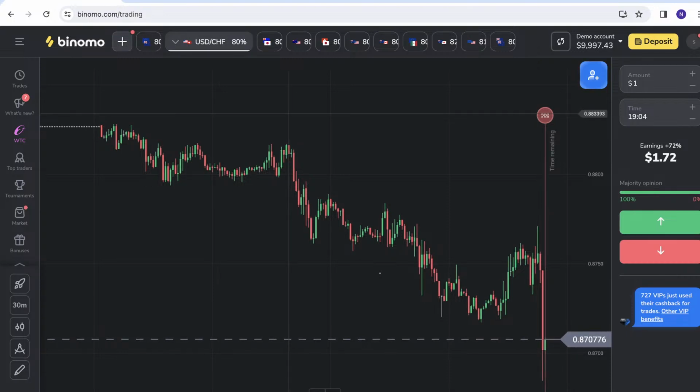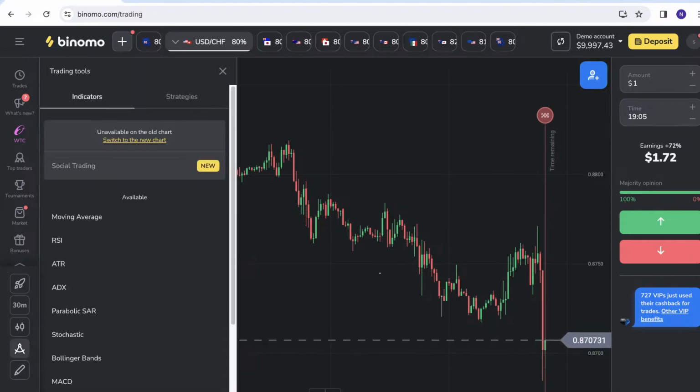At first I want to speak about moving average. There is more than one type of moving average. Today we will focus on the simple moving average. It is calculated by taking the average of the price within a certain period. At the left side there is a trading tools tab. If we click here, I can see all available indicators.